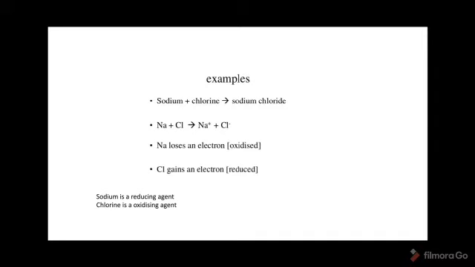Sodium loses an electron and gets oxidized. Chlorine gains an electron and gets reduced. Sodium gets oxidized by chlorine, so chlorine is an oxidizing agent. Chlorine gets reduced by sodium, so sodium is a reducing agent.